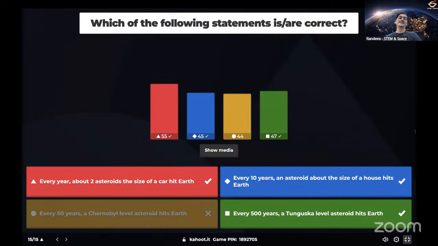The yellow one says a Chernobyl-level asteroid. Well, Chernobyl was, of course, a very deadly and saddening disaster, but it is nowhere related to an asteroid. It was actually a nuclear-level event.